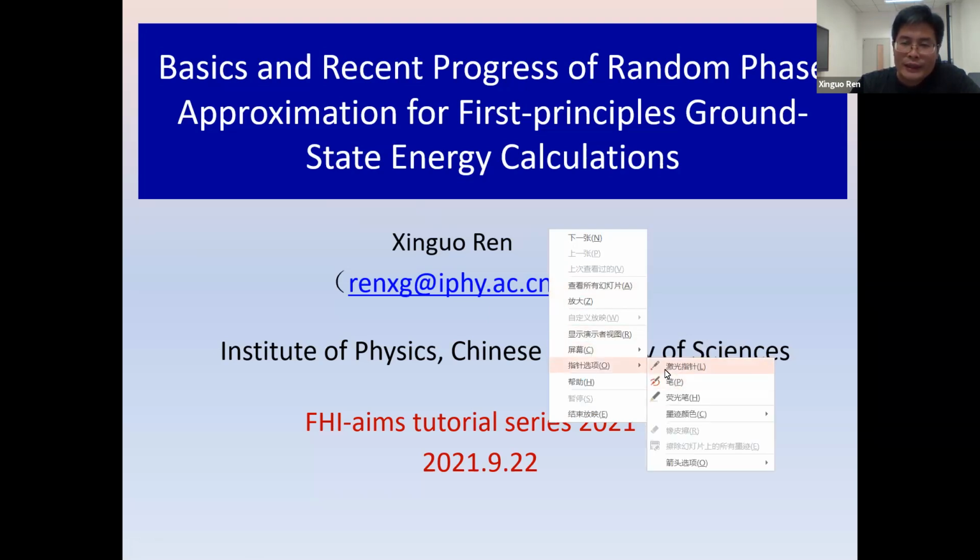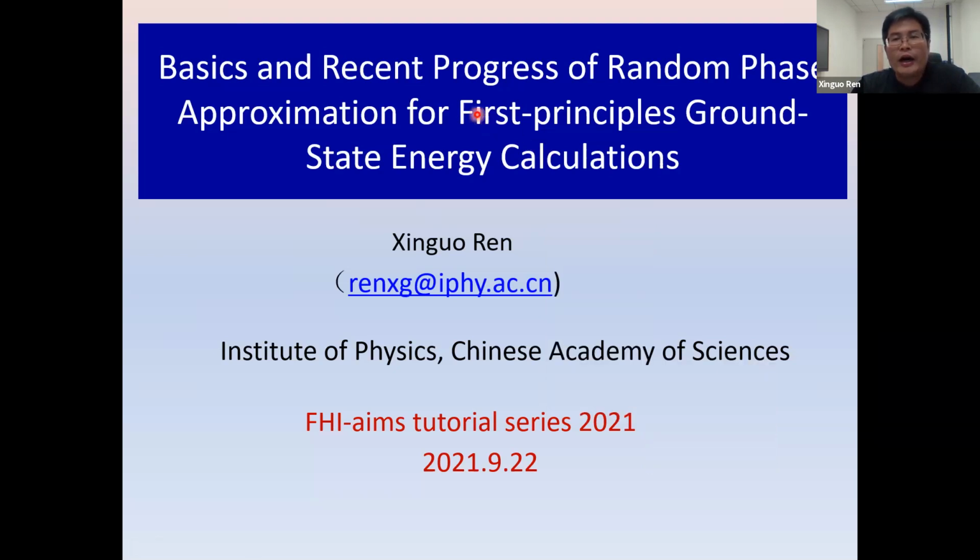But here, with RPA, we are referring to a method for first principles electronic structure energy calculations. I will cover the basics of this approach and also some recent progress.